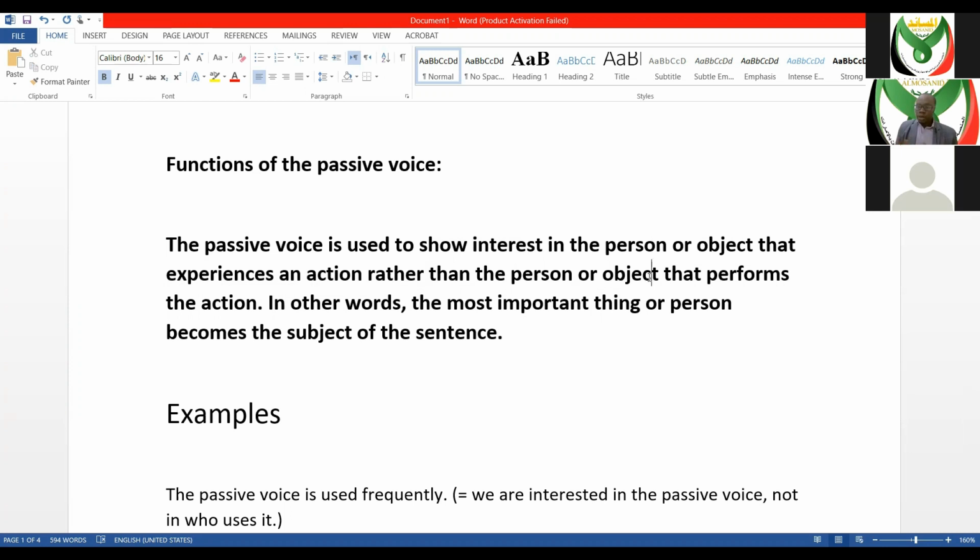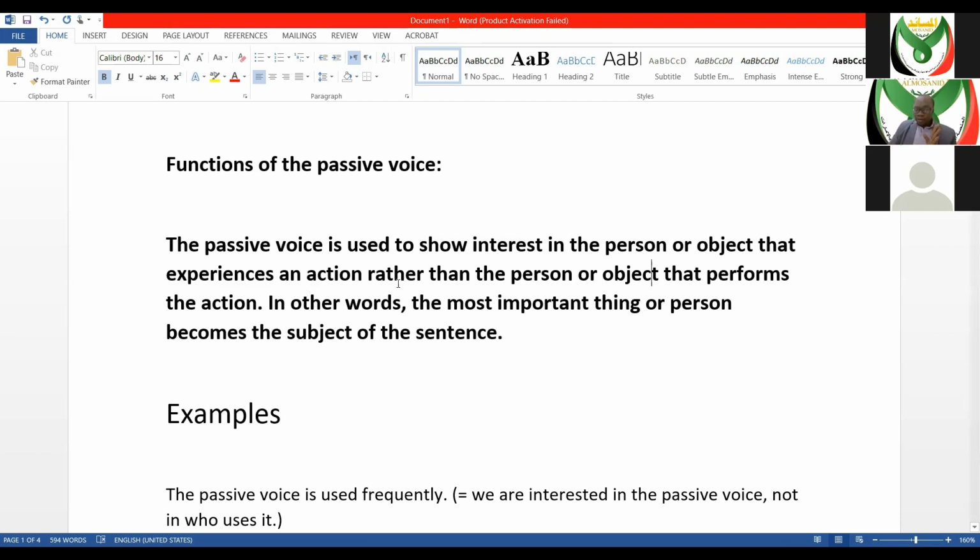Okay, the passive voice is used to show interest in the person or object that experiences an action. هو دائما المبني للمجهول يركز على أو يهتم بالشخص أو الشيء الذي تم استقبال، أو الشخص الذي استقبل فعل الفاعل. دائما يركز على الشيء الذي شنو وقع عليه فعل شنو الفاعل. ما بيهتم بالشخص الذي قام بالفعل، لا، وإنما بيهتم بالشخص الذي وقع عليه فعل شنو الفاعل، يعني الأوبجكت.